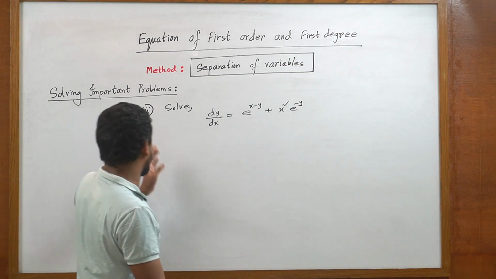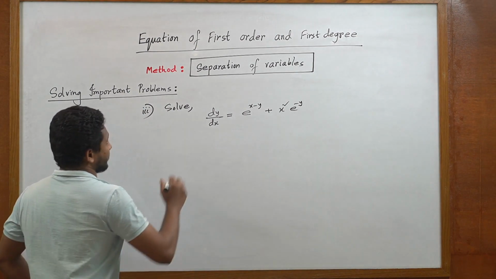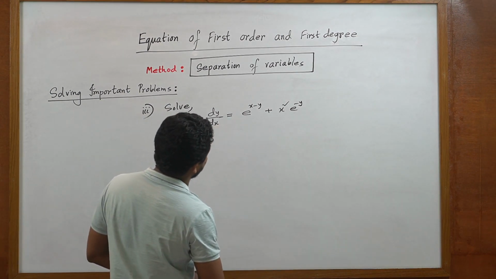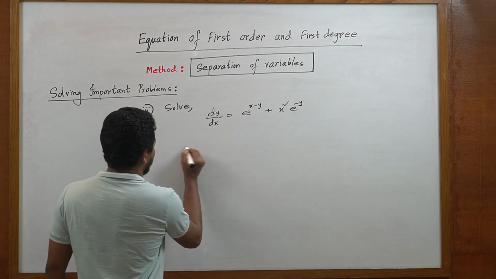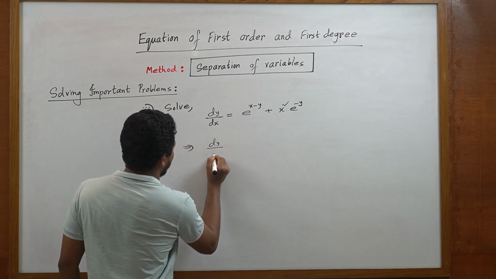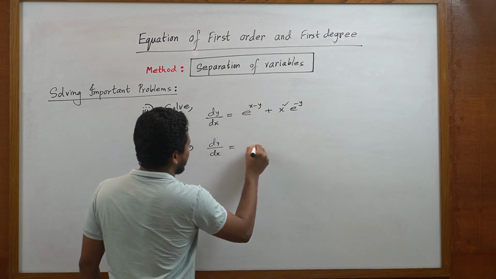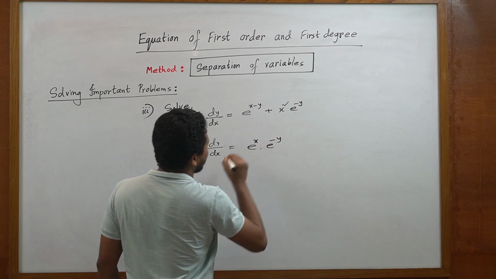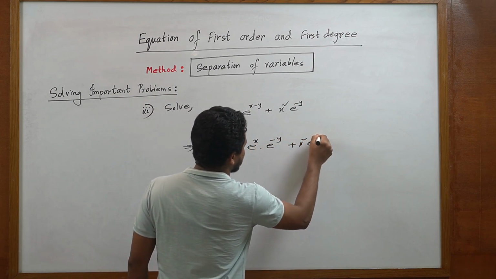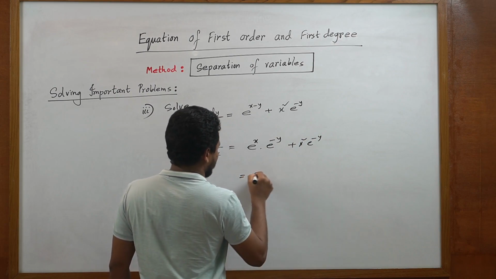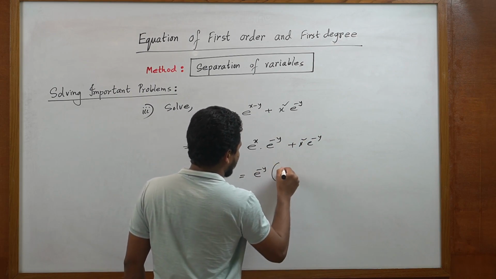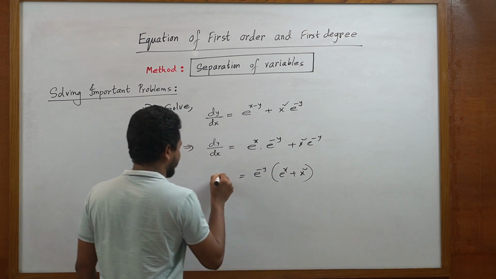Now we'll go to problem 3. dy dx equals e to the power minus x minus y plus x square e to the power minus y. That is e to the power x into e to the power minus y, plus x square e to the power minus y, so e to the power minus y times (e to the power x plus x square).